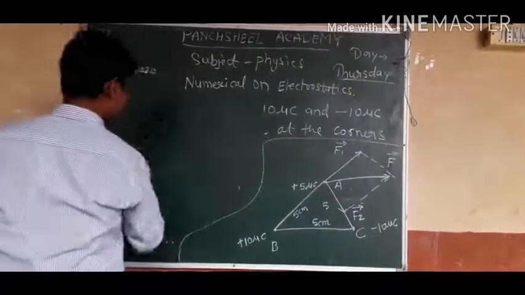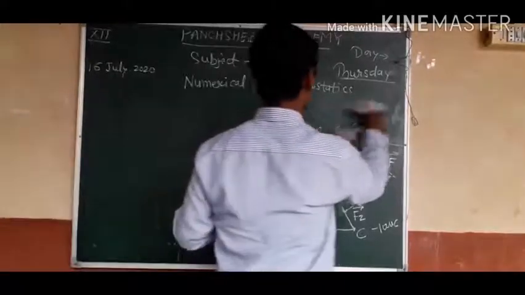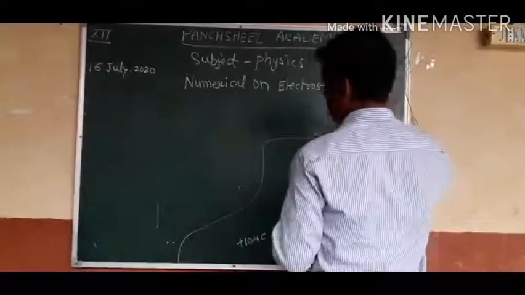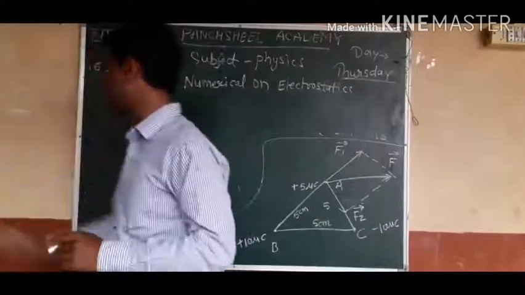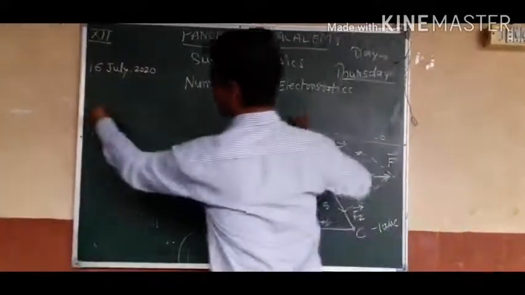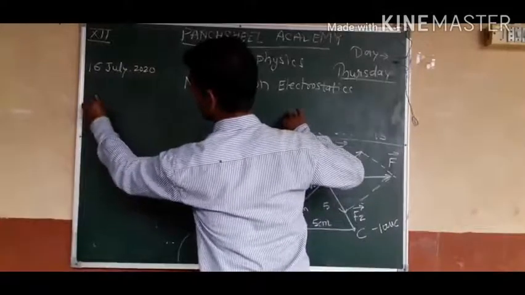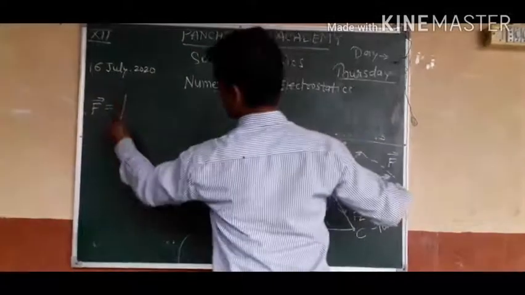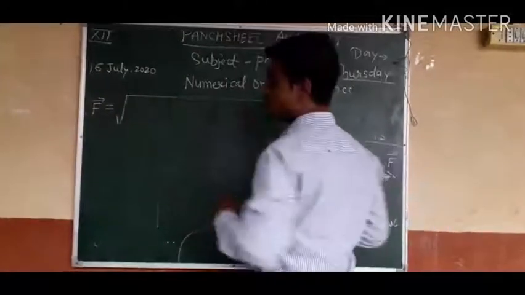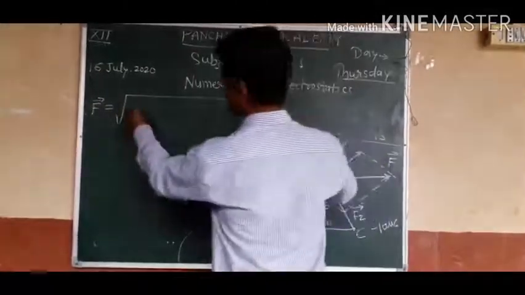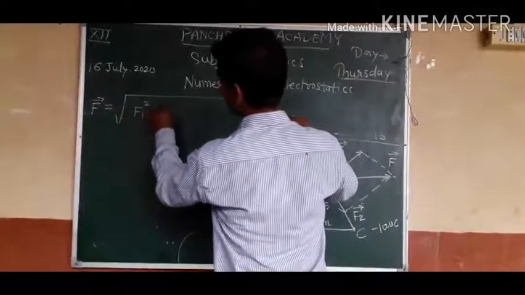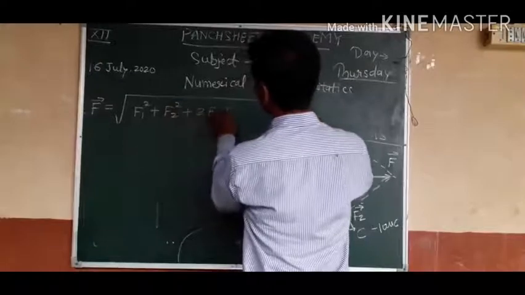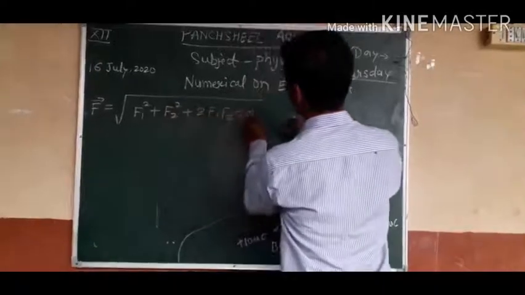So F equals, for calculation of F you must remember one formula, that is the square root of F1 square plus F2 square plus 2 F1 F2 cos theta.